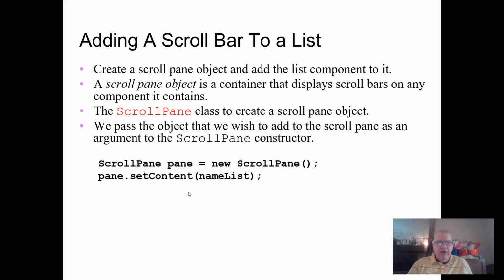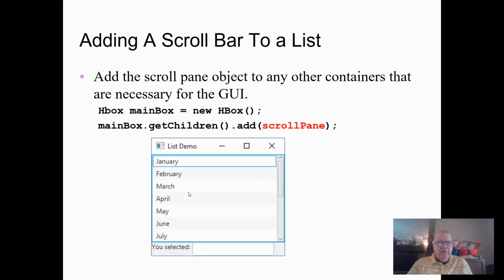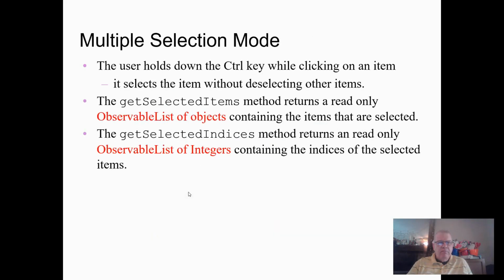It seems like it ought to be the other way around, but it's not. So you follow this construct. And there's the scroll bar. So if you wanted to get multiple items, you could get selected items, plural, or get selected indices, plural.